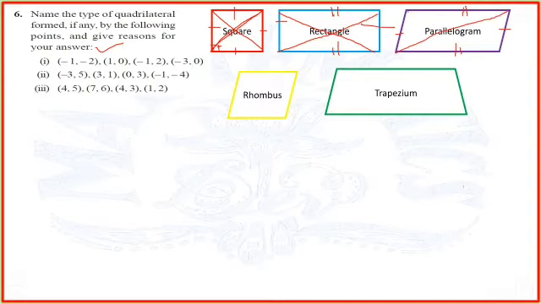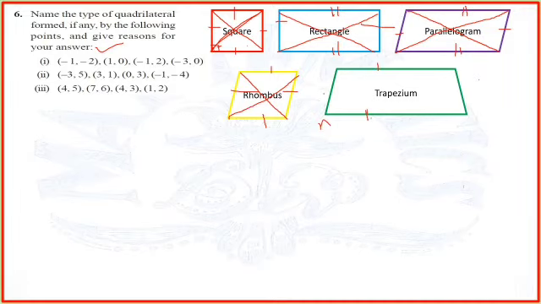This is the bigger one, lengthy, and this is the shorter one. Then in case of rhombus, all sides are equal like a square, but the diagonals are not equal. Diagonals have different measurements. And in trapezium, one pair of opposite sides is parallel and the other pair is non-parallel.